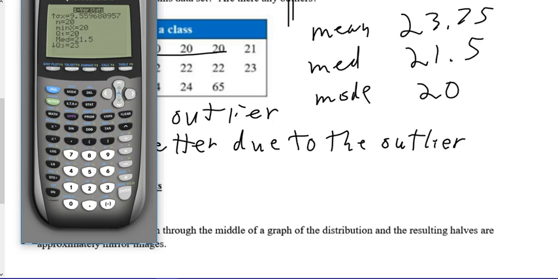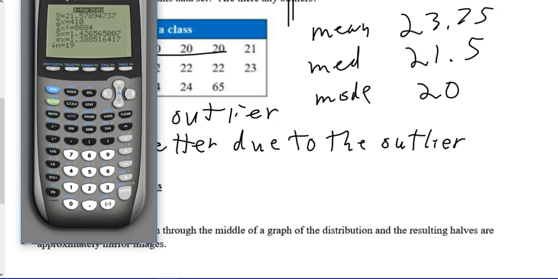So let's go back, just for the heck of it, let's go back to our data and see what happens. Let's go down and take out that 65. Ready to do that. So 65, I want to delete that entry. Now I want to run my stats and see what the average is.